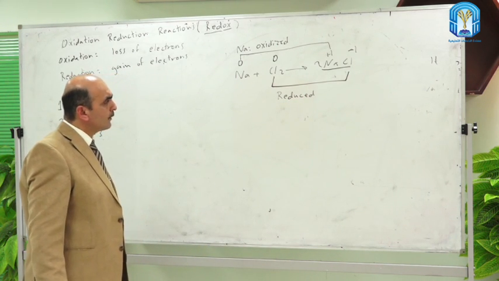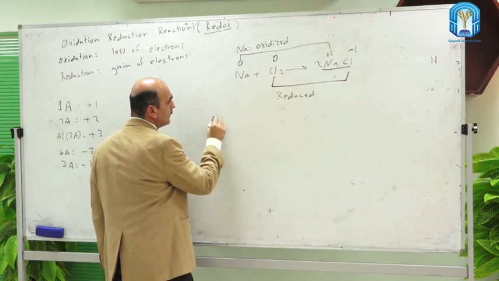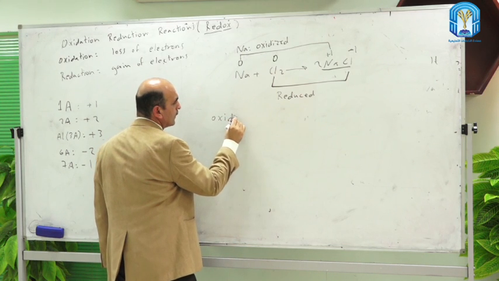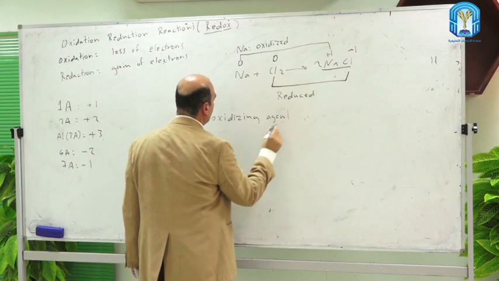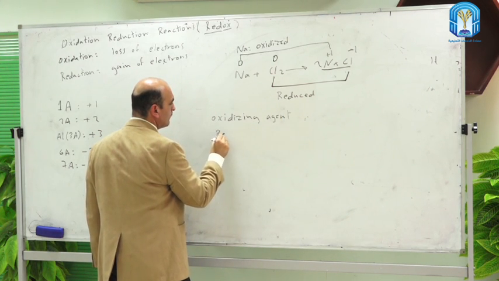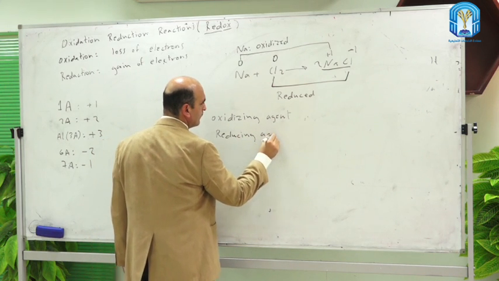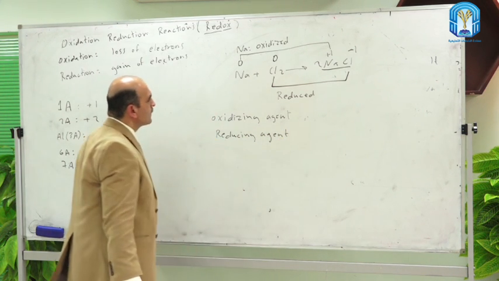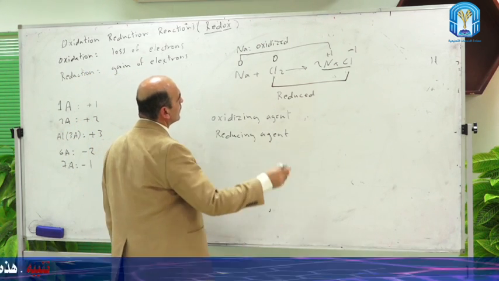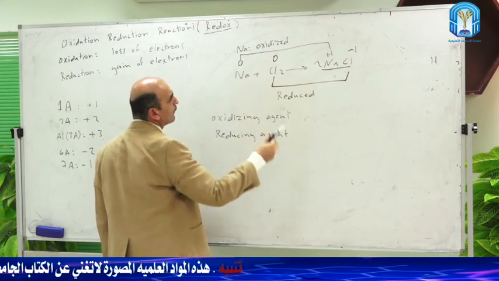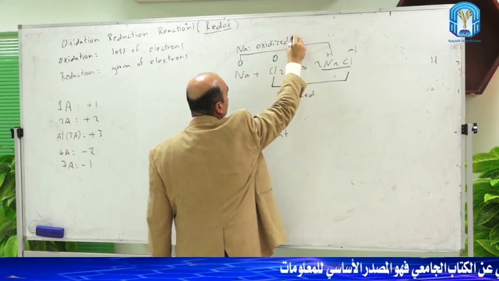We have also two more terms: oxidizing agent, عامل مؤكسد, and reducing agent, عامل مختزل. So the material which is oxidized, sodium, is considered the reducing agent.